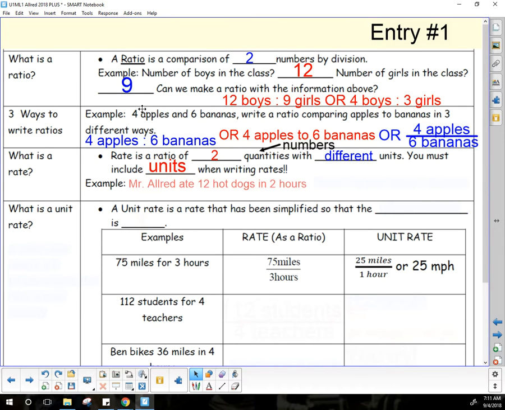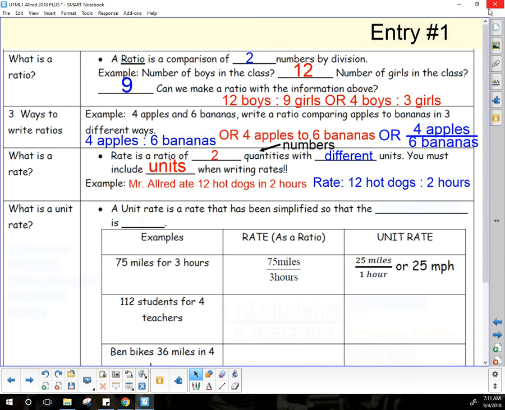For example, over Labor Day weekend, I ate 12 hot dogs in 2 hours. That's not a lie. You can ask my wife. When I wrote it as a rate, if I didn't write hours, you would think maybe I was talking about years or minutes or something like that. 12 hot dogs for 2 hours.